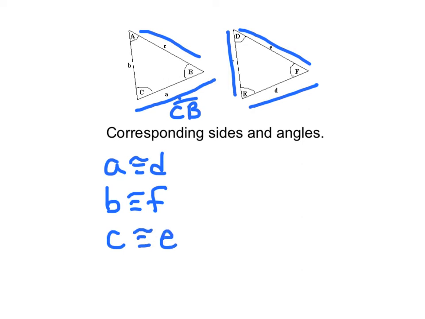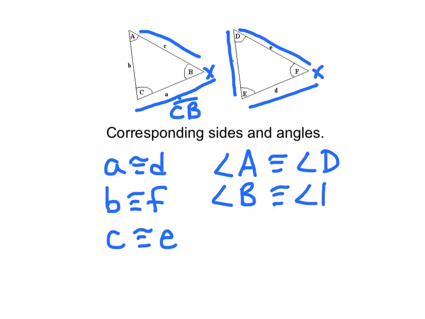Now our corresponding angles: angle A is congruent and corresponds to angle D. Angle B right here corresponds to F. And then angle C is congruent to angle E.